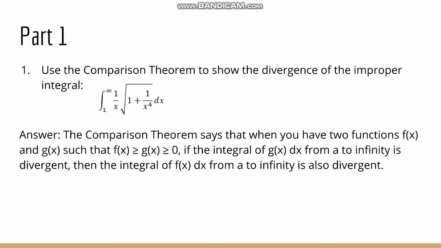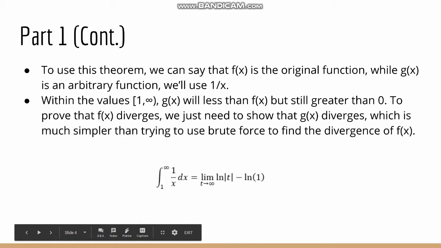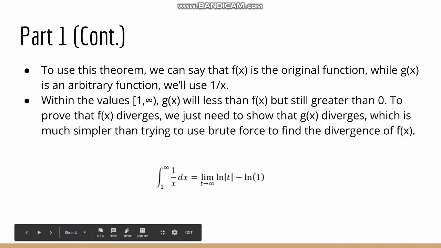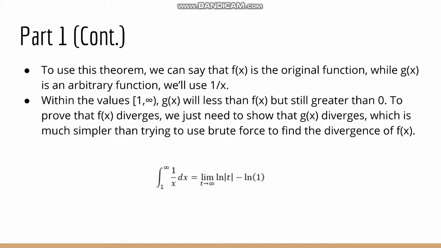So if g of x is divergent, then f of x must be divergent, because a number that is greater than divergent would be divergent, if that makes any sense. To show what we did, the 1 over x, that would be us finding g of x.